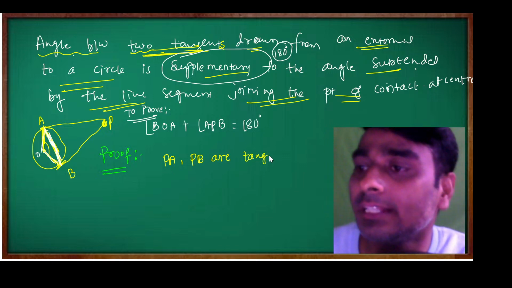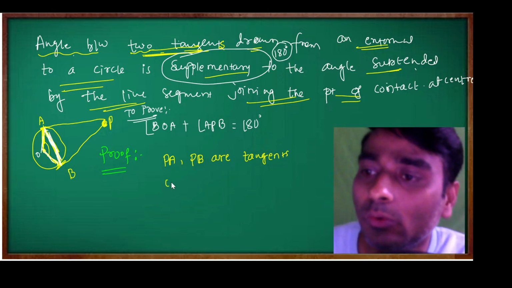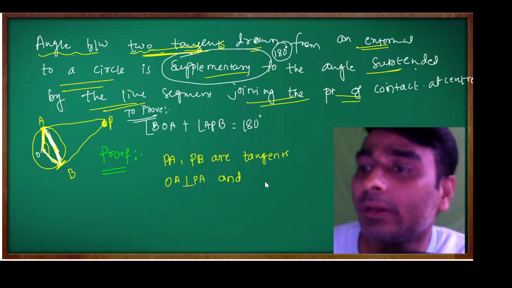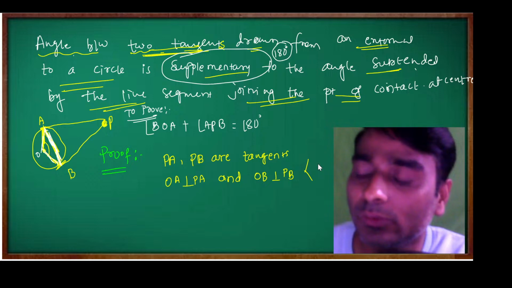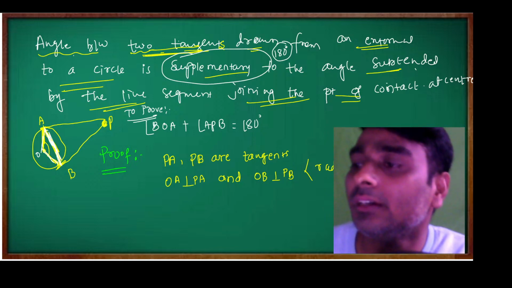PA, PB are tangents. And now OA is perpendicular to PA and OB is perpendicular to PB. What is the reason? The reason is, we know that a radius and a tangent, if they meet, make a 90 degree angle.